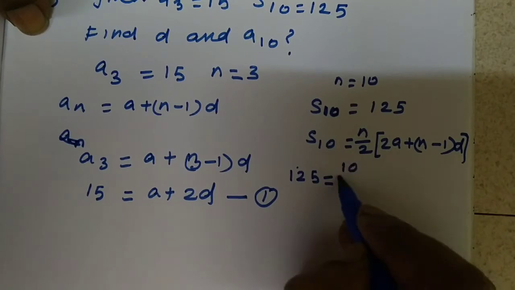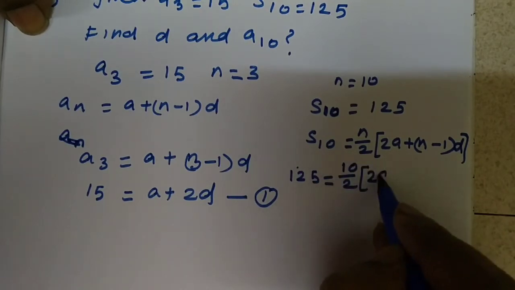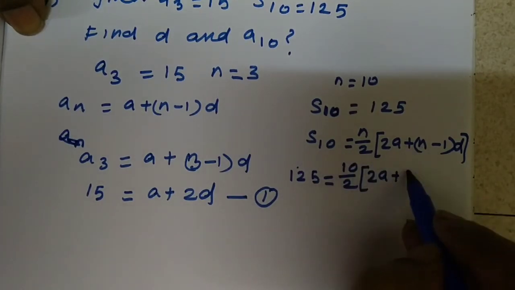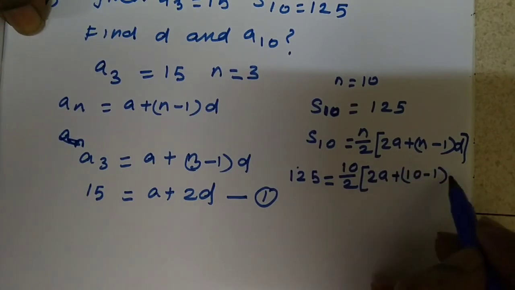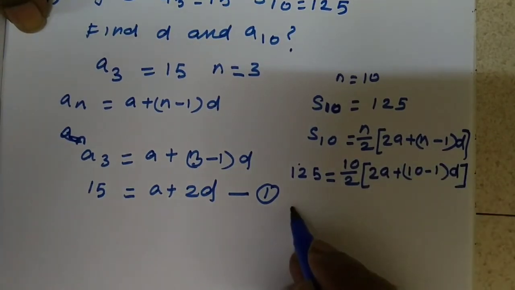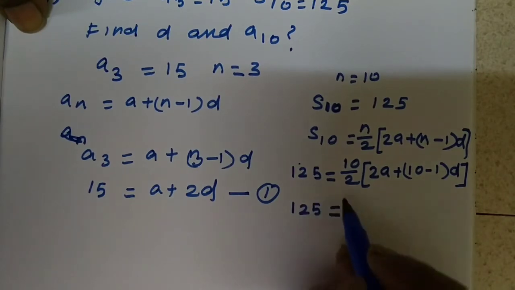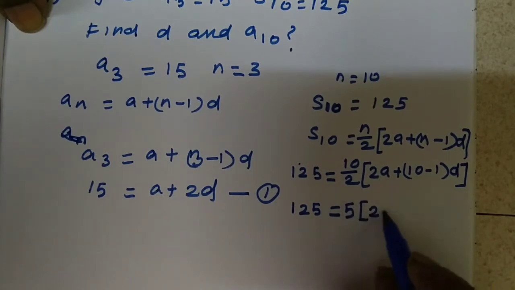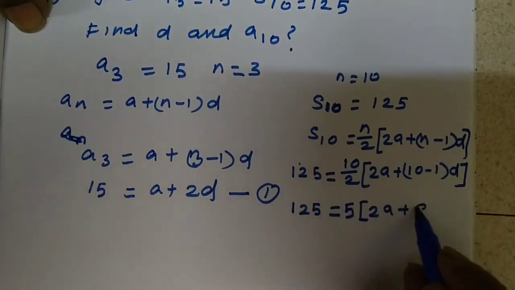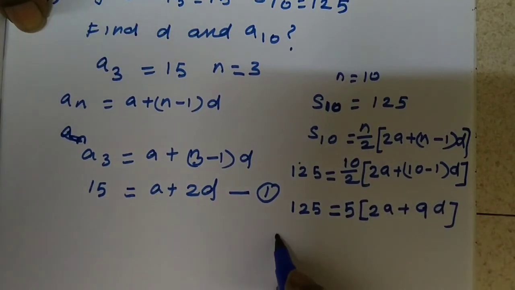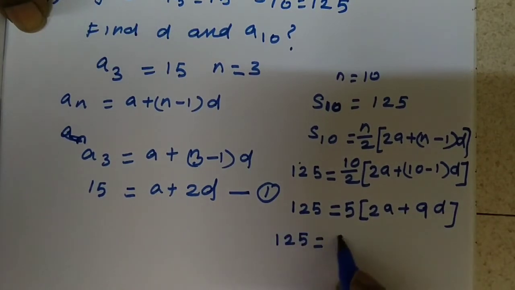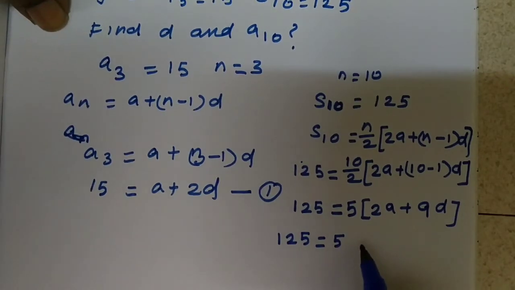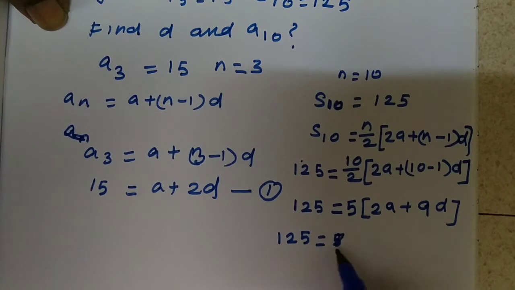So 10 by 2 into 2a plus the value of n, 10 minus 1, into d. 125 is equal to 10 by 2, which is 5, into 2a plus 10 minus 1 is 9d. 125 is 5 into 2a plus 9d.